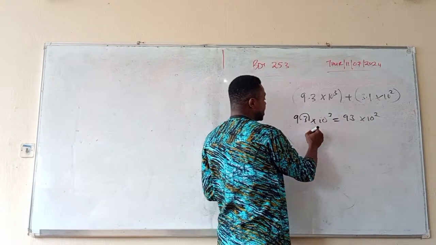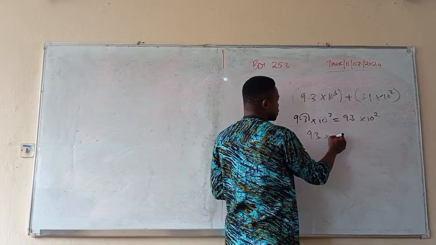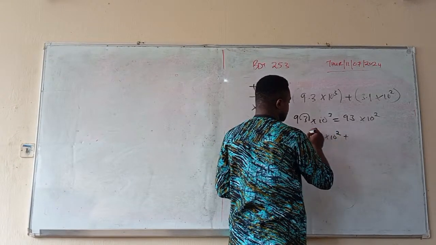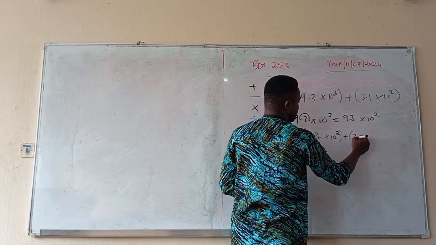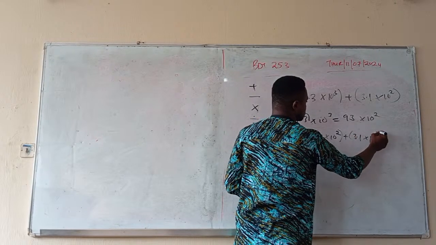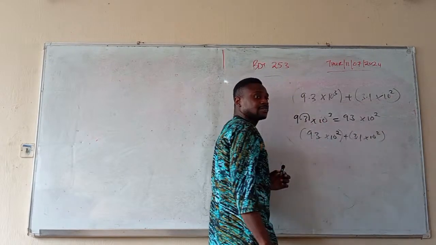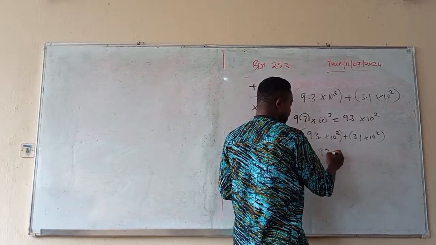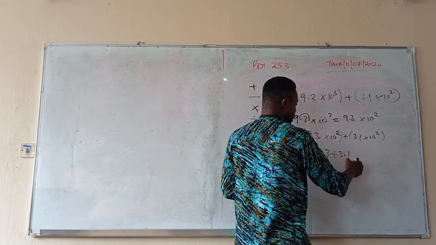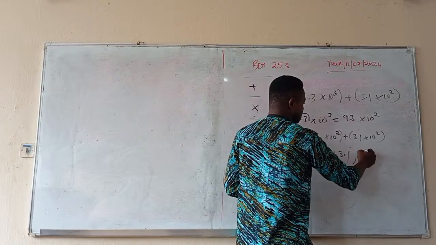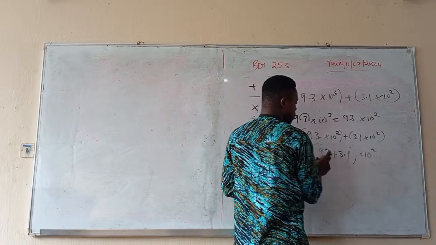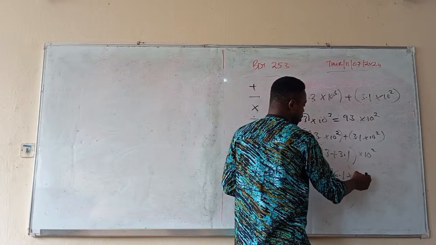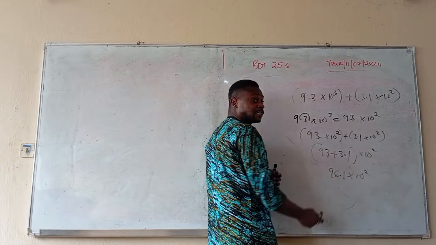So you now do 93 times 3 power 2 plus 3.1 times 3 power 2. You can bring that 3 power 2 out. You have 93 plus 3.1, times 3 power 2, which is 96.1 times 3 power 2. Is it the best way it can be?